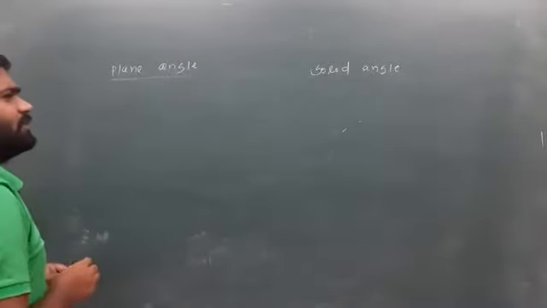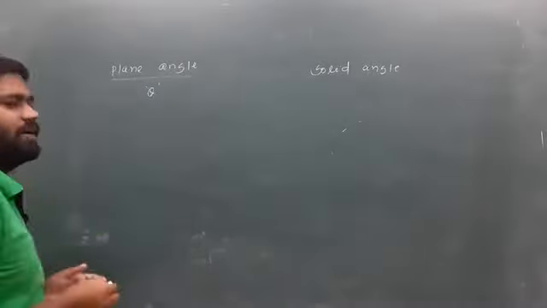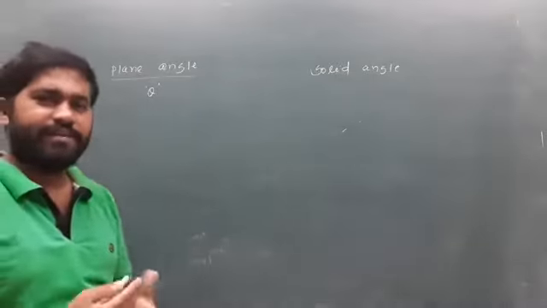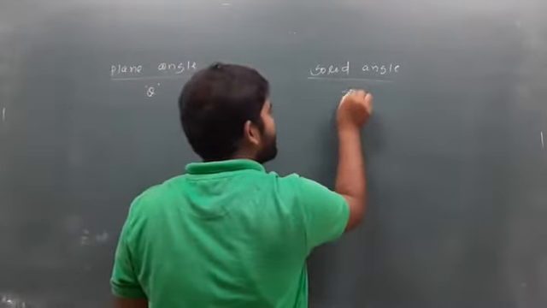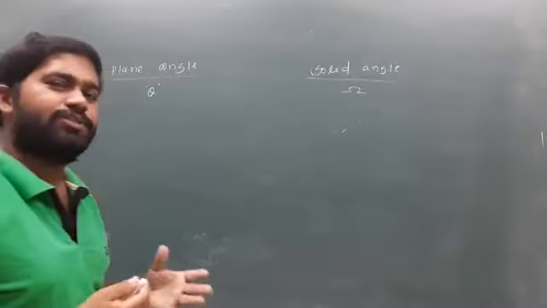Generally, plane angle is denoted by theta, and its unit is radian. But solid angle we generally represent as omega, and its unit is steradian.